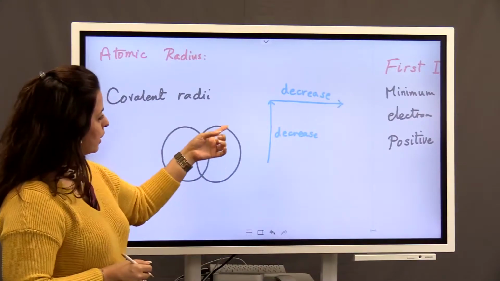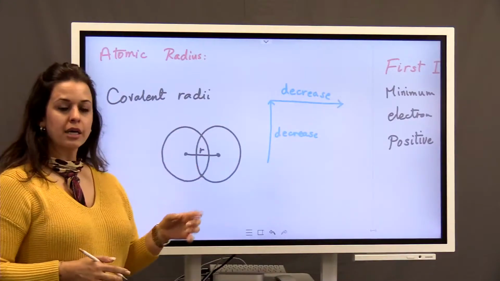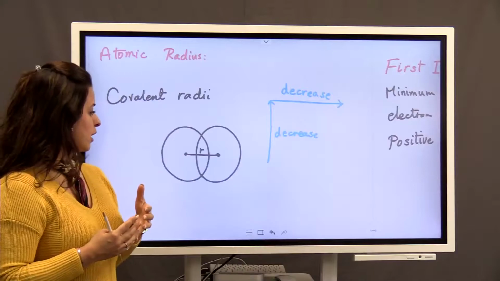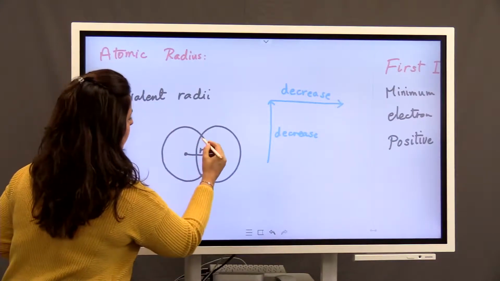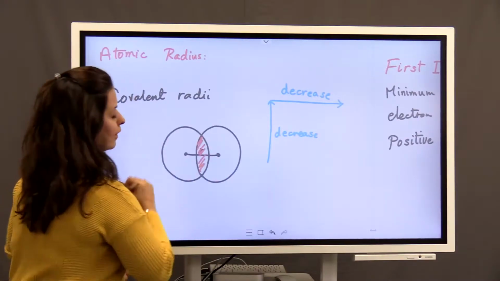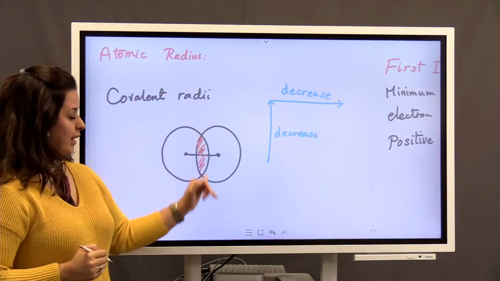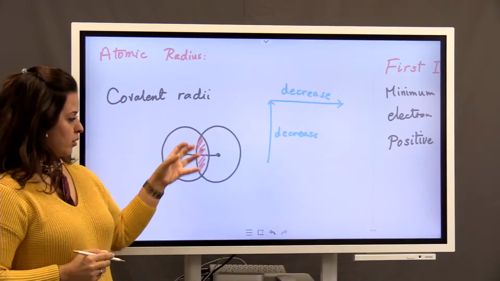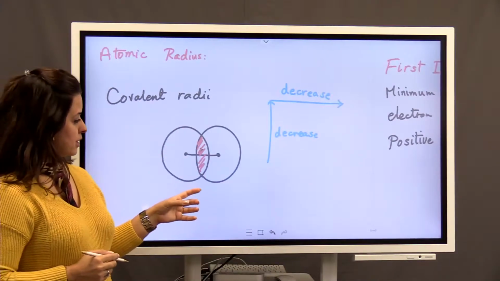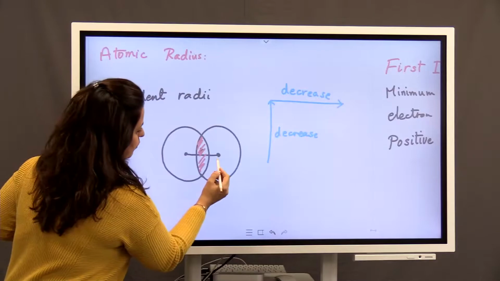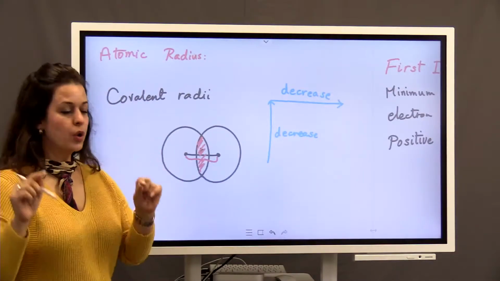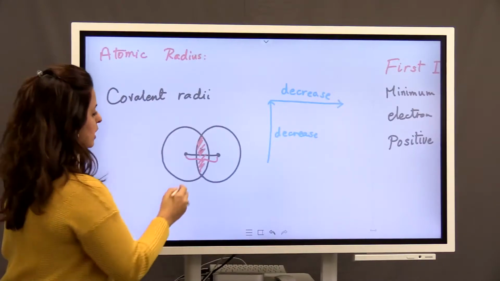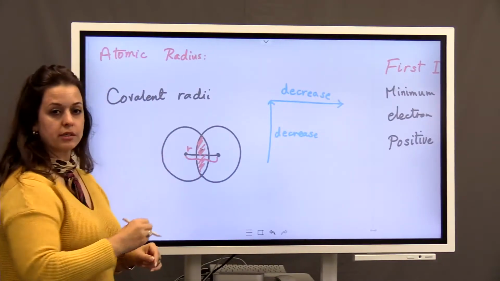You know that in a covalent bond, when the atoms overlap and hold, this is the area where atoms hold the valence electrons, the outermost level electrons, inside them. So the distance between the 2 nuclei of the atoms is called radius.